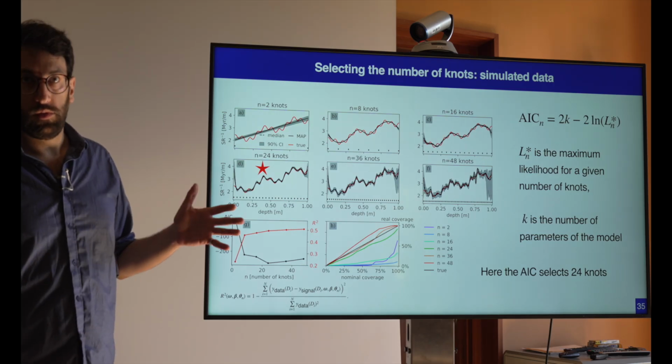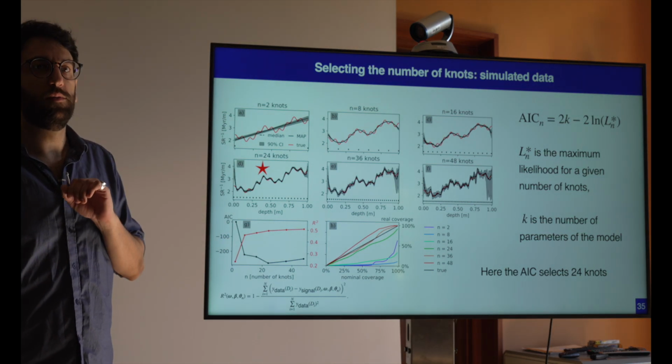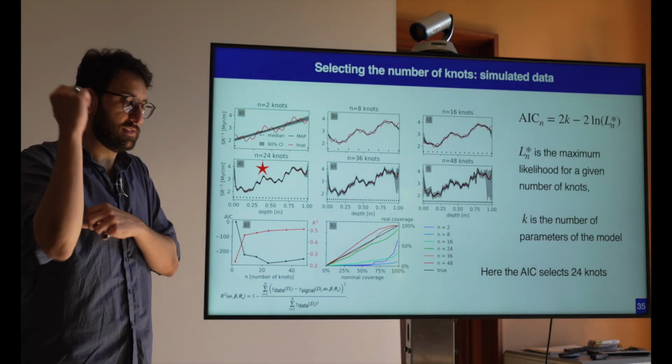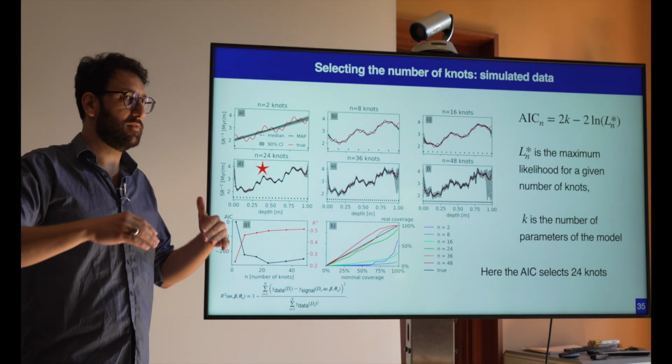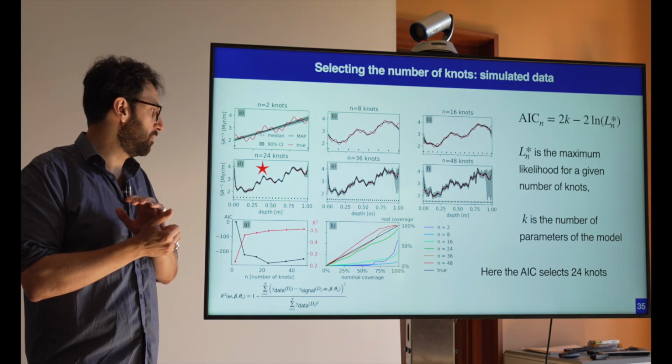Or you have a problem in your numerical method. That's actually a good way to diagnose if you have a problem with the maximization of the likelihood: if your model is more flexible but the likelihood is not as good, it means that the algorithm has a problem.